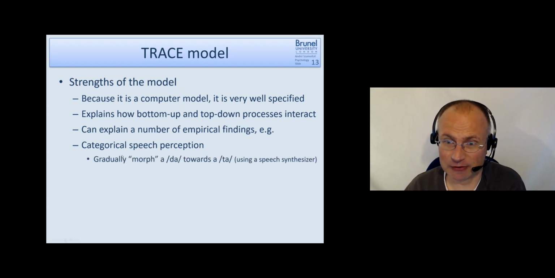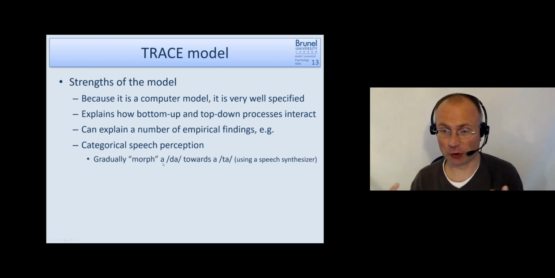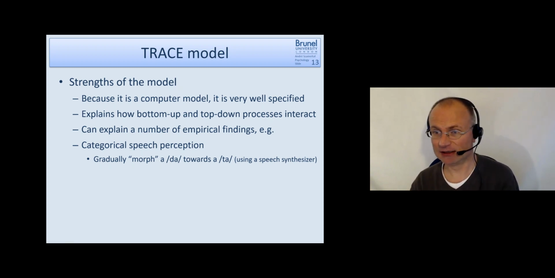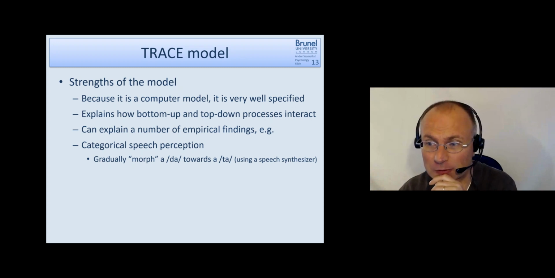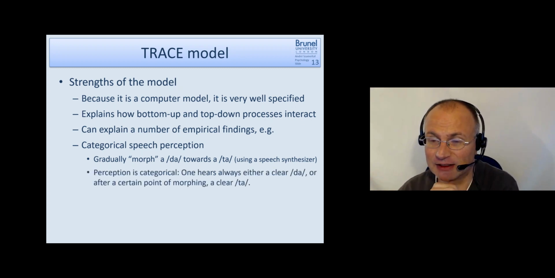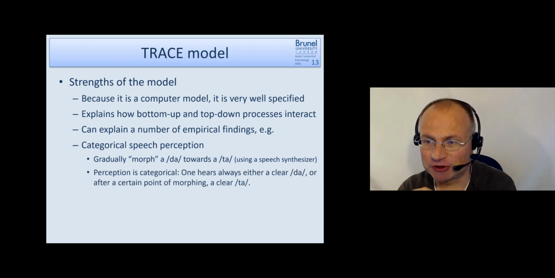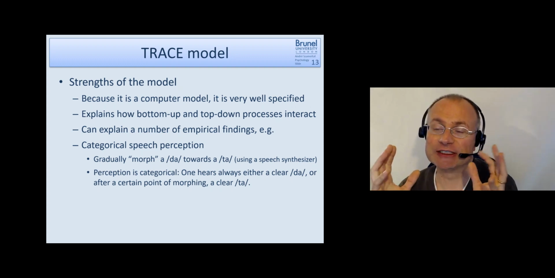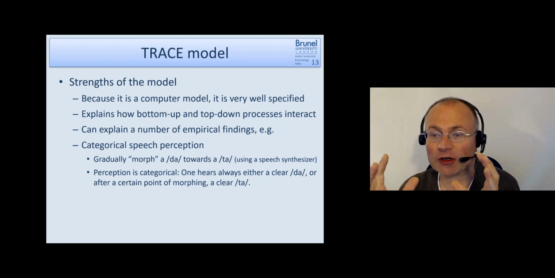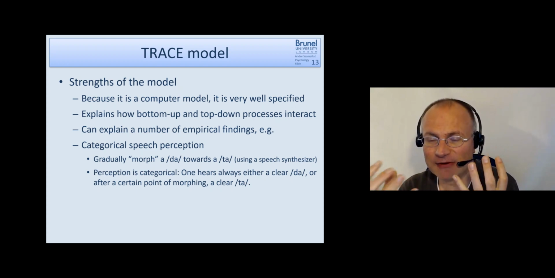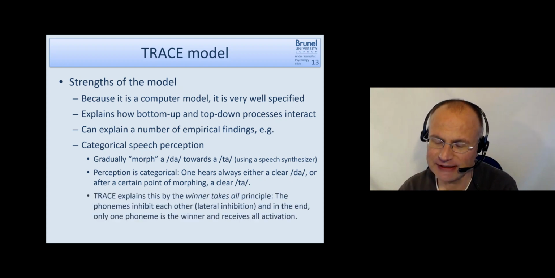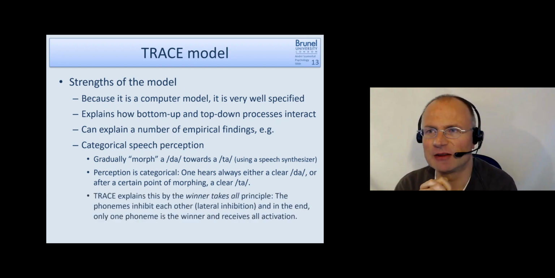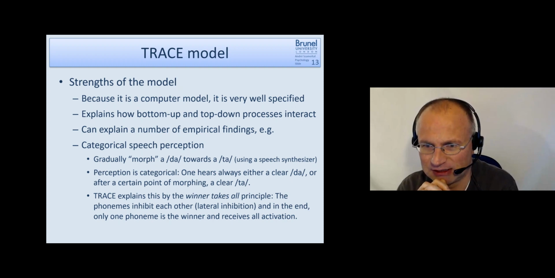Just as a very quick reminder, when we have two phonemes like da and ta, and we gradually morph them towards each other with a speech synthesizer, then we have this categorical perception. So in all in-between stages, we also hear either a da or a ta, but never the sound in between. The TRACE model explains this by the winner-takes-all principle.